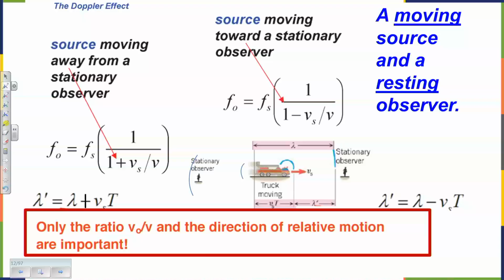The frequency experienced by the observer is actually higher than it would have been when nothing was moving. And in this situation, mathematically, we are increasing the denominator of the fraction, so the frequency goes down, the wavelength goes up.